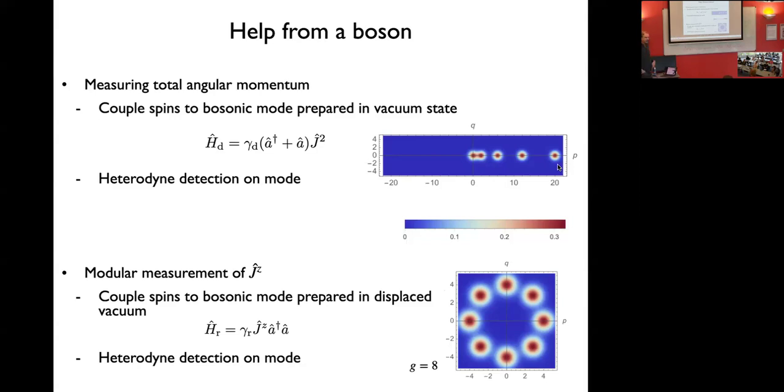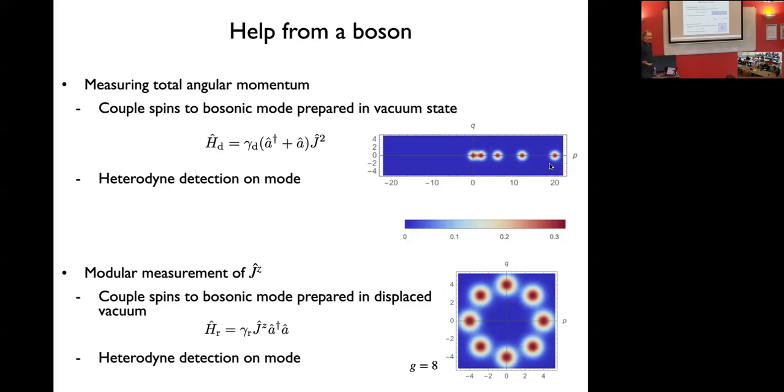If you're close to the maximally symmetric space, you're in the region where the gap between these blobs is big, because the eigenvalue is near maximal for J squared. And so you can distinguish these subspaces fairly accurately.